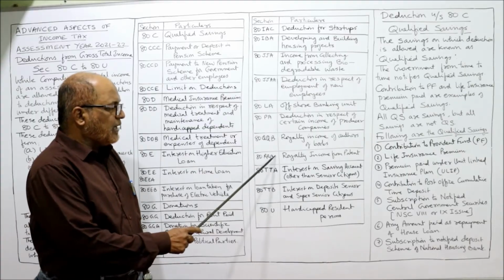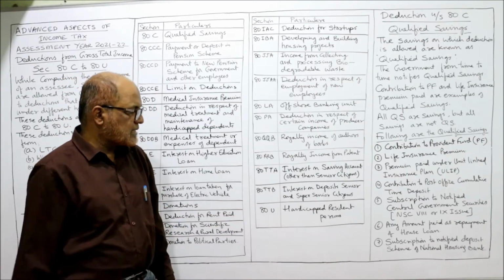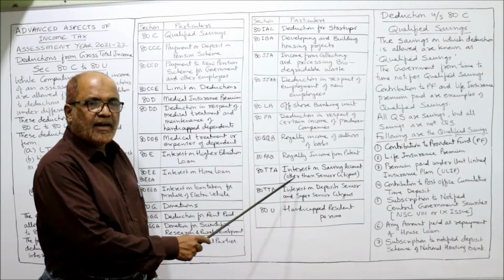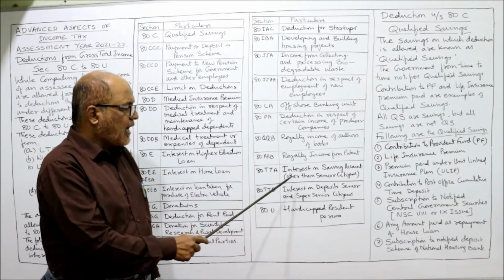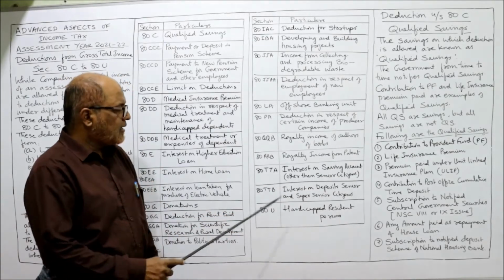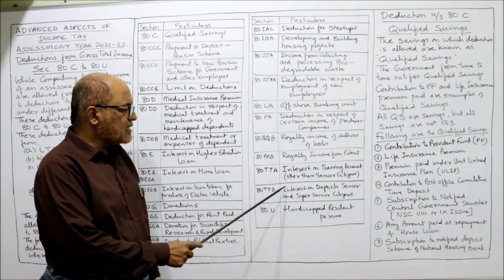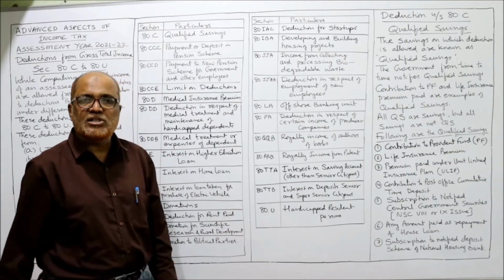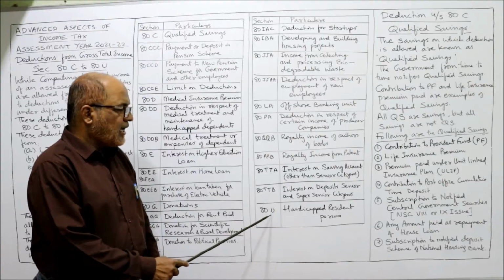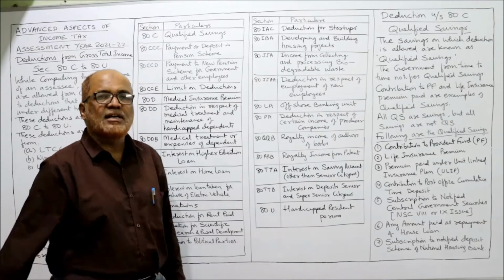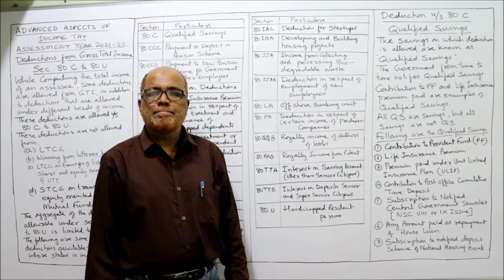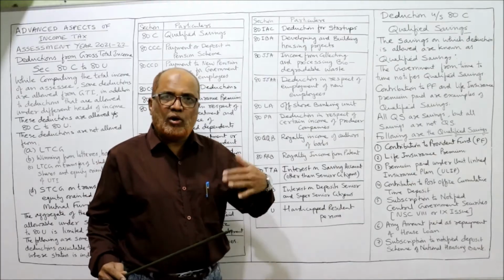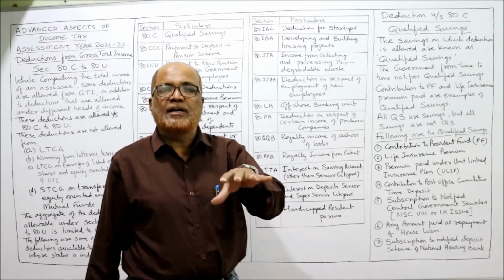Then 80RRB, royalty income from patent. 80TTA, interest on saving account other than senior citizen. Then 80TTB, interest on deposit for senior citizen and super senior citizen. 80U, handicapped resident persons. Many more deductions are there, and these are the important deductions.